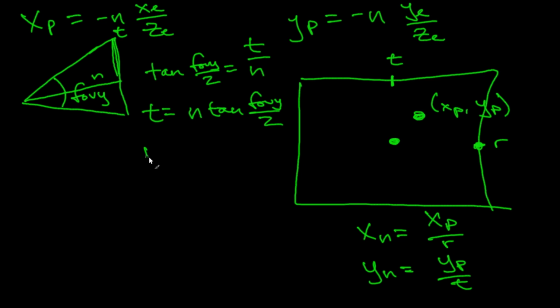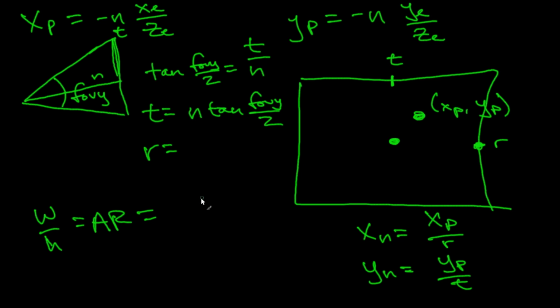And r can be achieved similarly, well, we don't have to go to quite such lengths. We remember that width over height, that's our aspect ratio that relates our window's width to our window's height. Well, we want the image plane to be in the same proportion, otherwise we're just going to get stretching when we map the image plane to the viewport. We want them to be consistent.